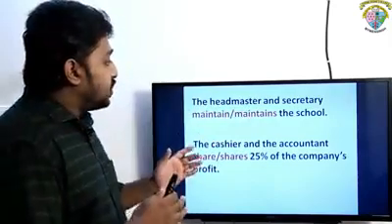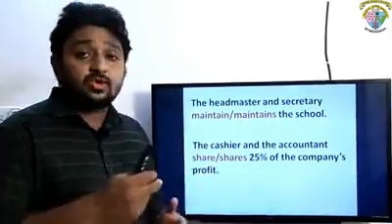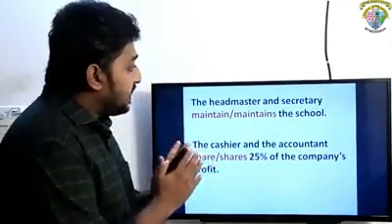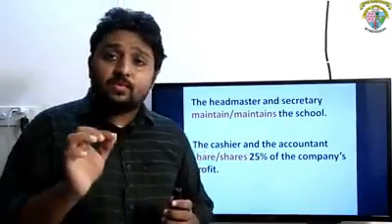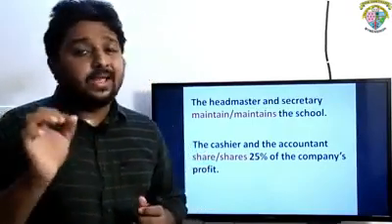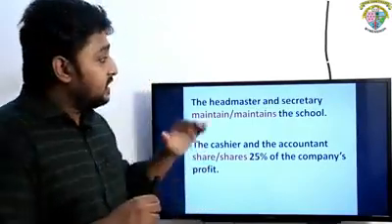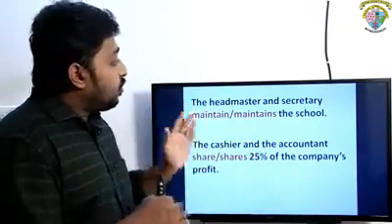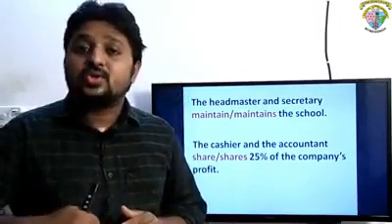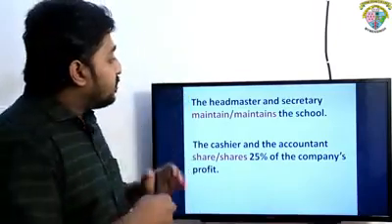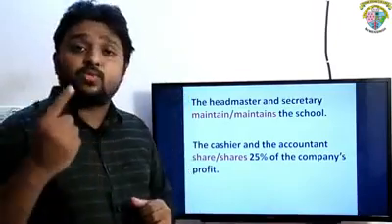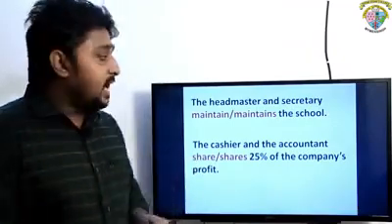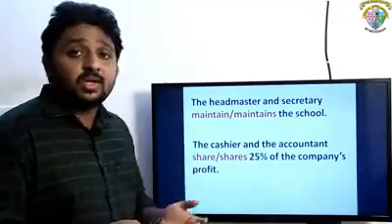That means the person who is the headmaster is also the secretary. When two subjects are connected with and and have only one the, we understand that the same person is working there. When the person is only one, the subject should be singular and receive the singular verb.